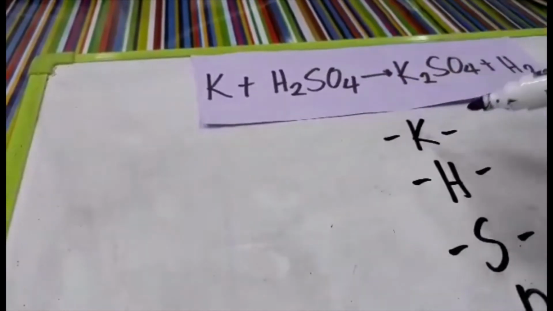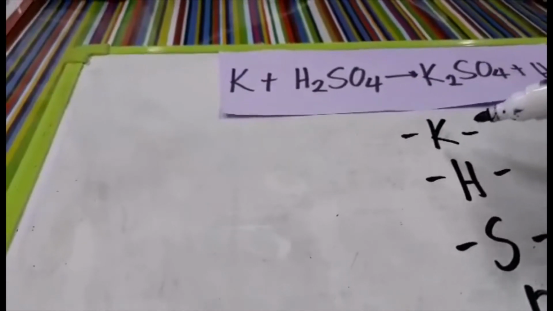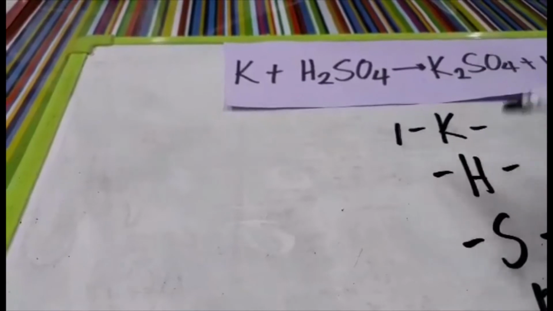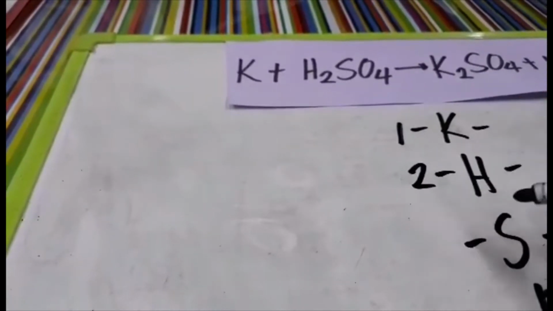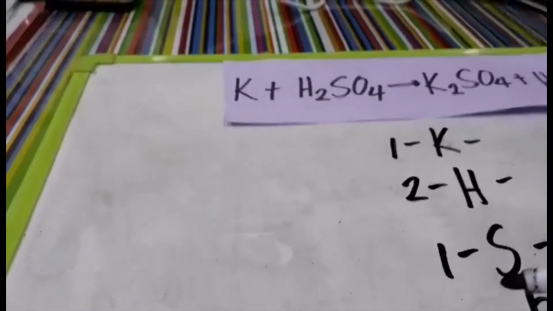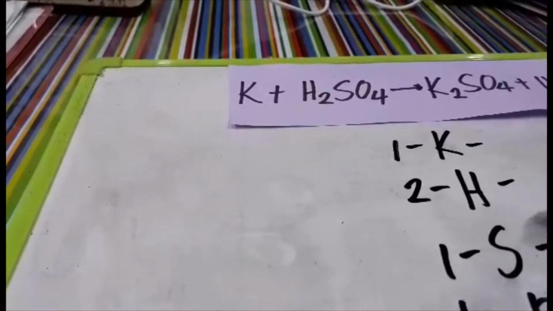Let us count the number of atoms in the reactant and in the product. In the reactant, potassium is 1, hydrogen is 2, sulfur is 1, and oxygen is 4.